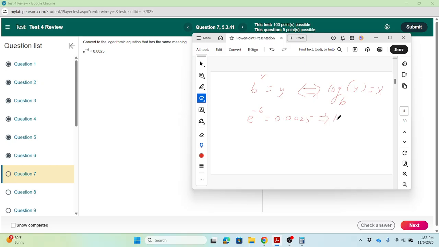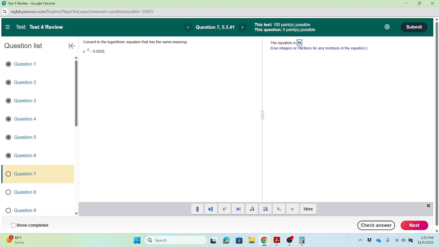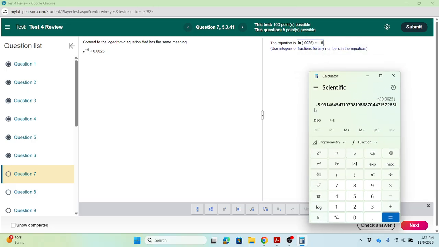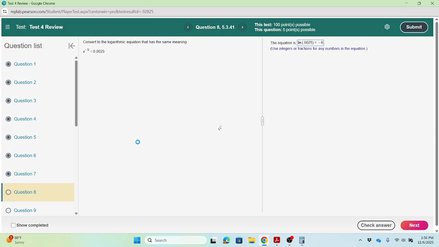So that would be log base e of 0.0025 equals -6. Log base e means it's ln. You can also write it as ln of 0.0025 is -6. You can also verify this using a calculator. ln of 0.0025 is approximately -6. Check answer. 100% correct. Go to the next problem.